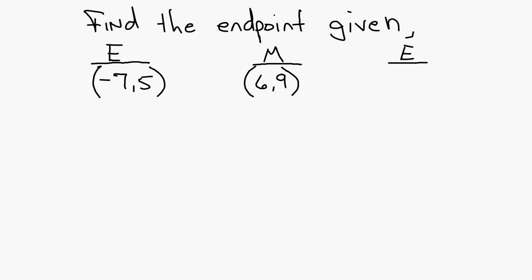Here's the shortcut. If you're going from the end to the middle, won't the same distance be from the middle to the end? How far is it from negative 7 to 6? It's 13. Going up or down? You're going up 13, so go up 13 from 6.